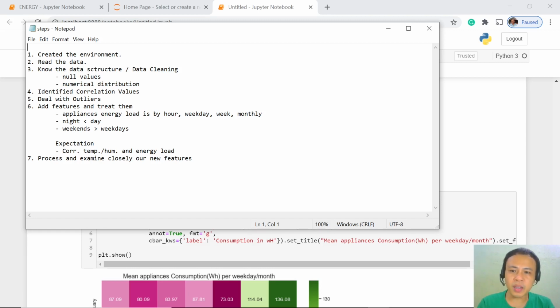And also we stated our expectations, and this is our expectation. With that, we said that there's a correlation between the temperature and or humidity and the energy load. And also in our very last video, we processed and examined closely our new features. What we will do this time is that we are going to identify the linear relationship between the different features.